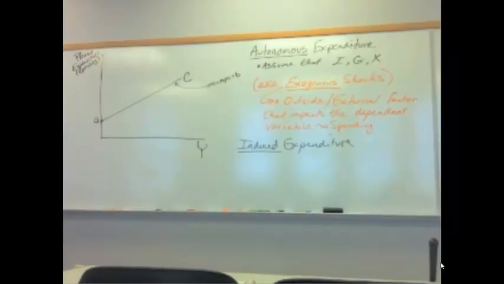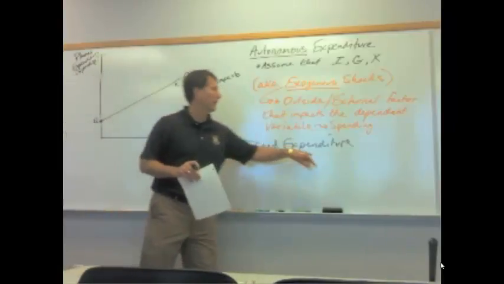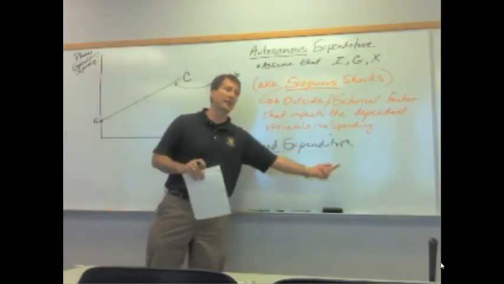So how this ties into the multiplier is that a government expenditure of $100 million on weapons of mass destruction ends up in the pockets, ultimately, of somebody else's wallet, and they go out and spend that money.